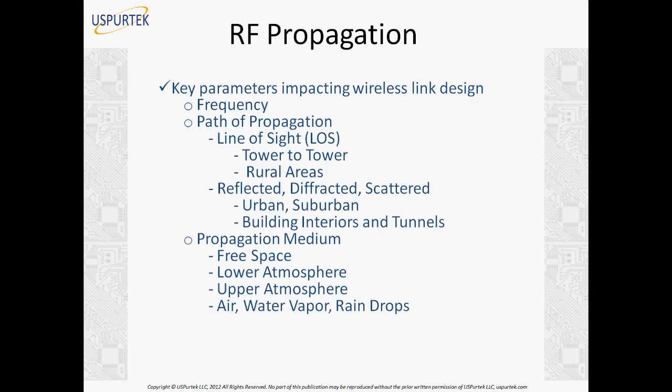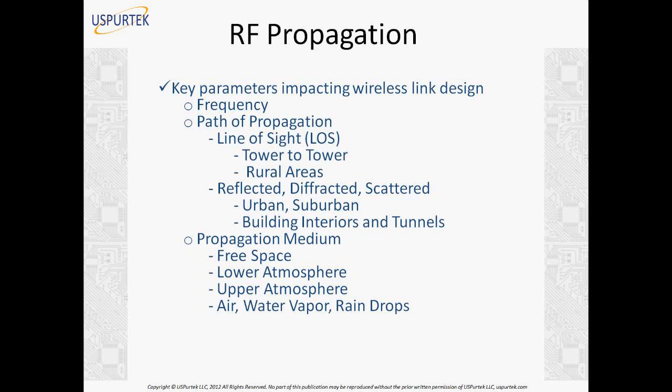In general, the key parameters that impact designing a wireless link are, of course, frequency. What frequency we are using to transmit our signal is of importance. What is the path of propagation? Is it line of sight? That means, can my handset see the cell tower eye to eye, or can it not?